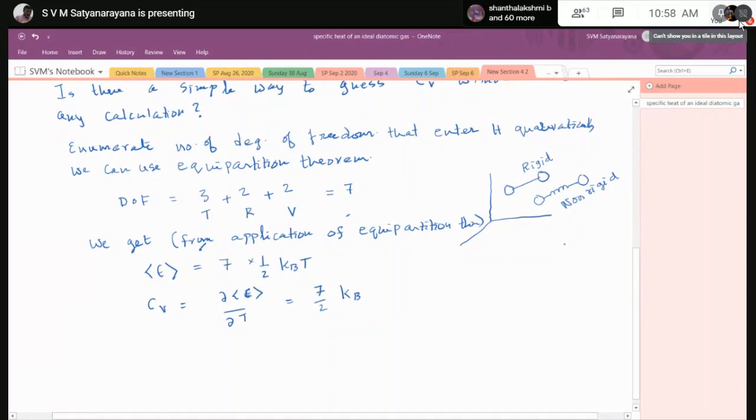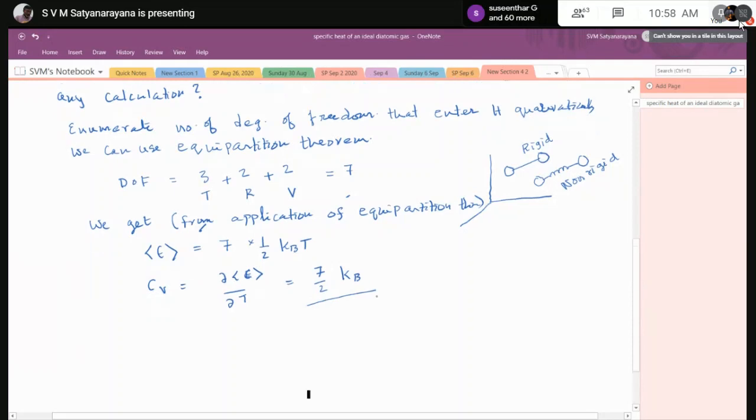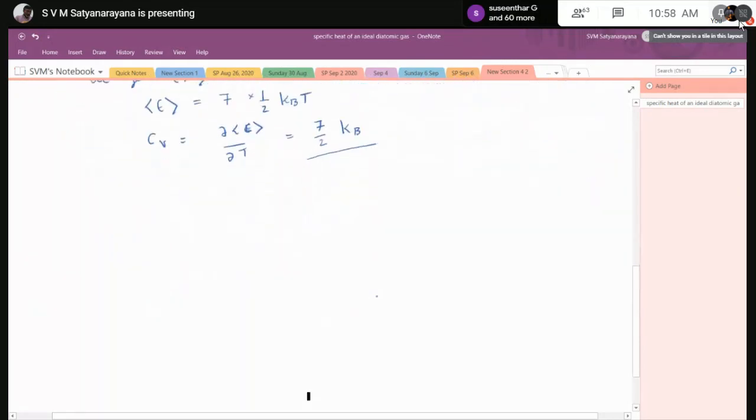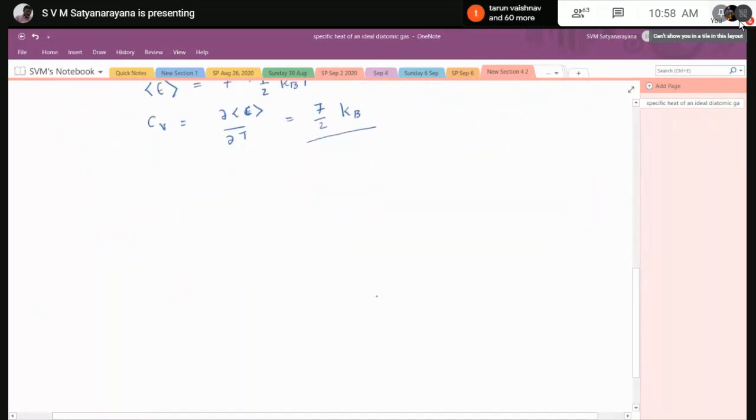Now, one can ask a question. This is just an estimate by using equipartition. Now you could have actually calculated this using our classical statistical mechanics.